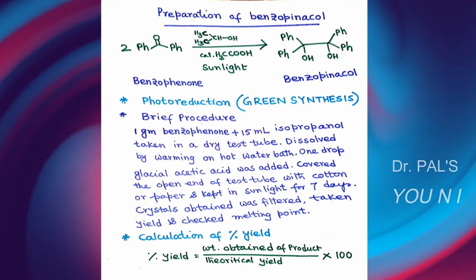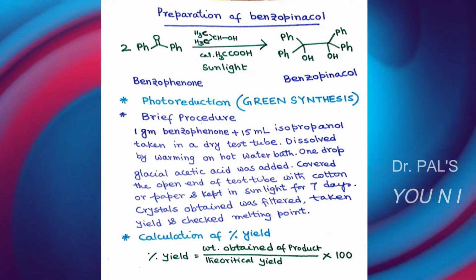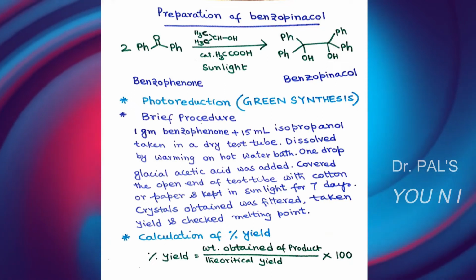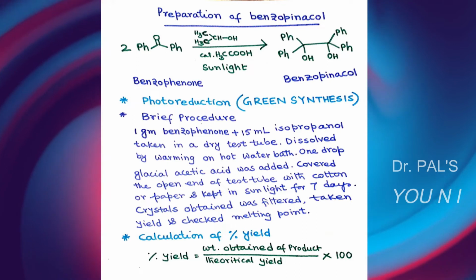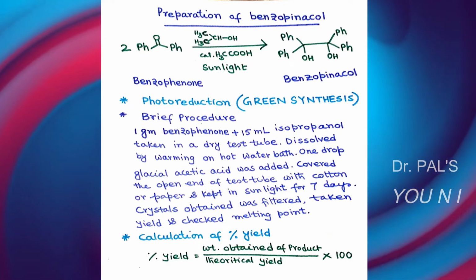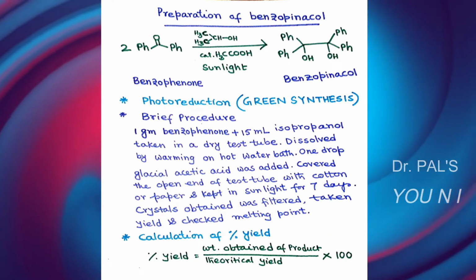Now, coming to the brief procedure of how to do this reaction. Dissolve 1 gram of benzophenone in 15 ml isopropyl alcohol in a dry test tube. If required, we can warm it a little on a hot water bath.